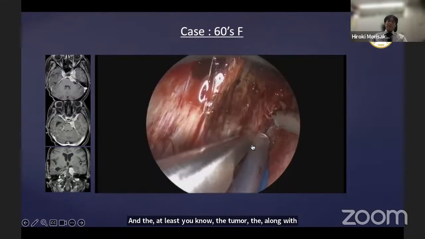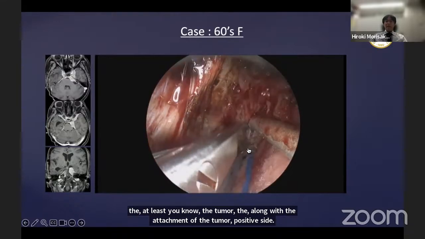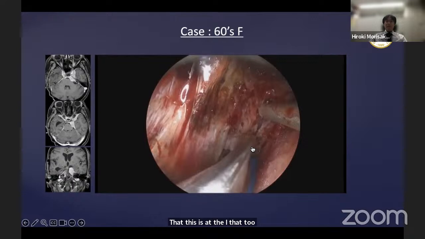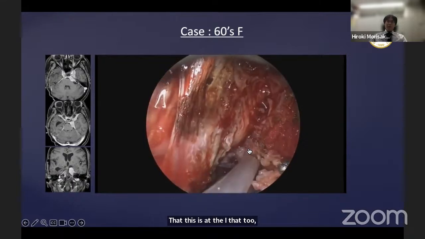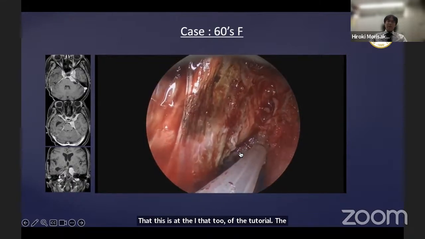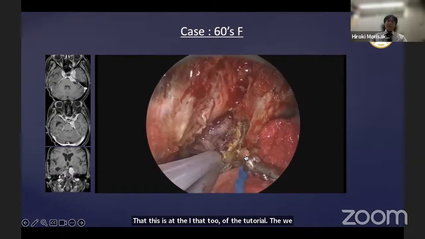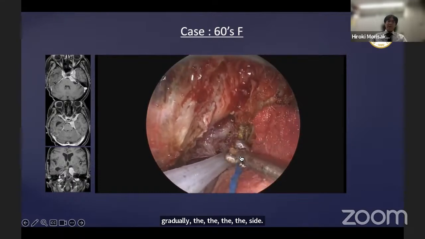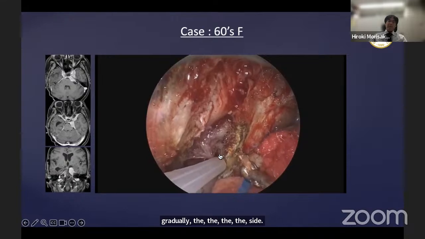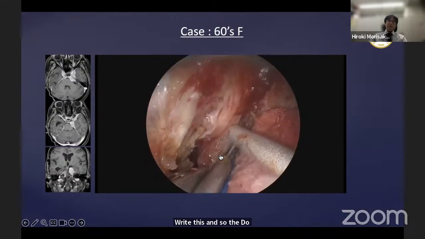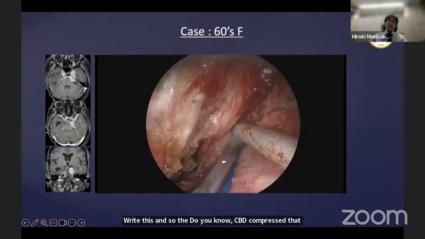This is the attachment of the tumor to the tentorium. We gradually enlarge the surgical corridor at the medial side like this. The tumor severely compressed the trigeminal nerve on the caudal and lateral side.